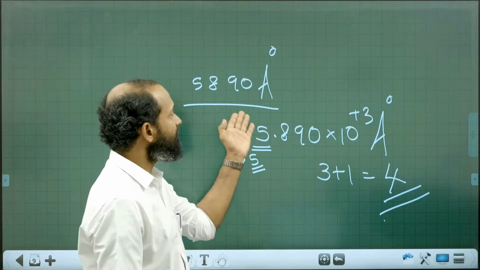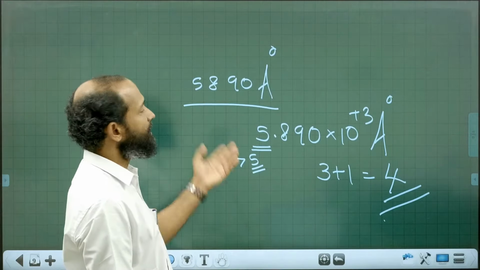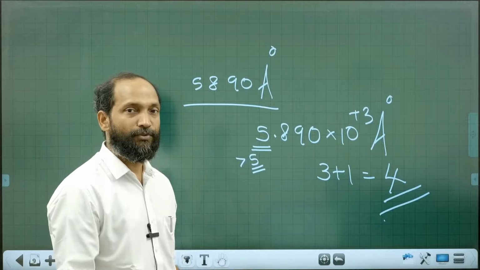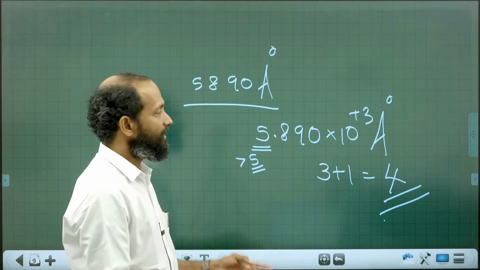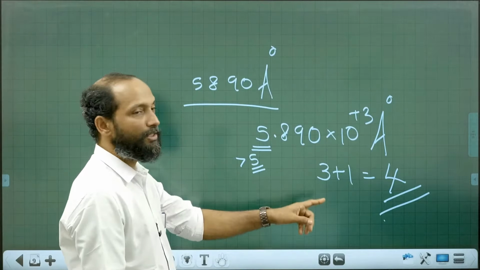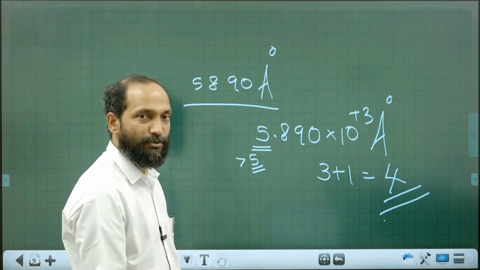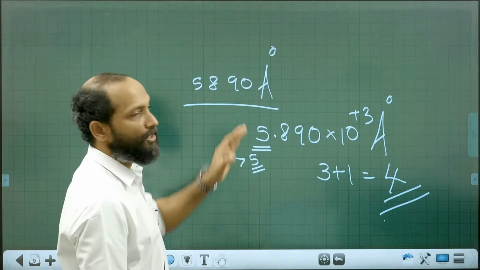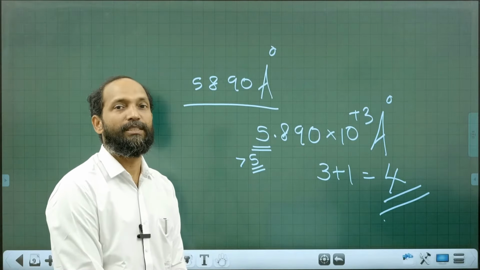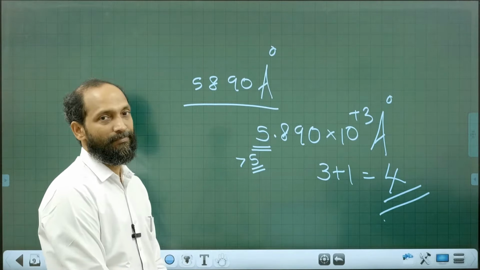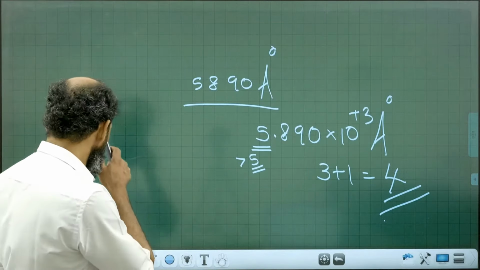When you change the system of unit, the order of magnitude changes. Important. Unless otherwise specified, you strictly stick to the same quantity unit as it is.